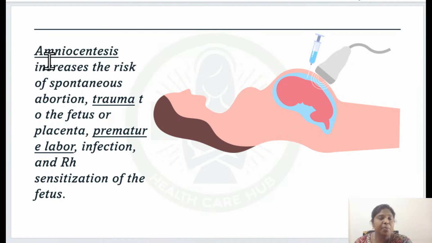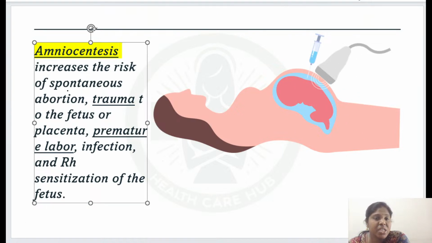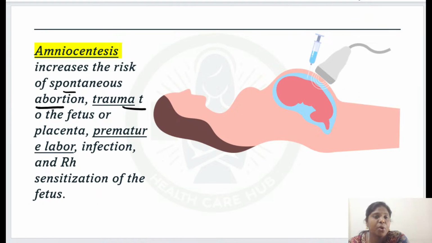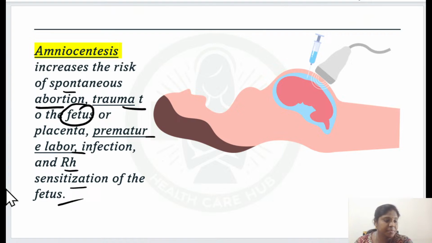This particular procedure is called amniocentesis. Once they do amniocentesis, there may be a chance of spontaneous abortion, trauma to the fetus, premature labor, infection or RH sensitization of the fetus. Yes, ultrasound-guided amniocentesis. Very good.